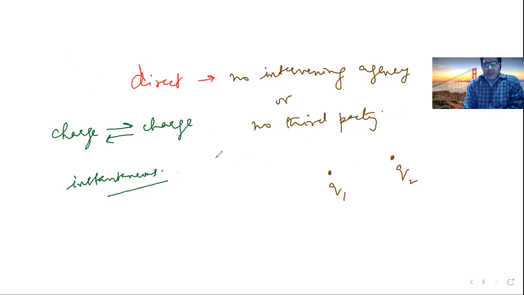We said the force is K Q1 Q2 by R square.